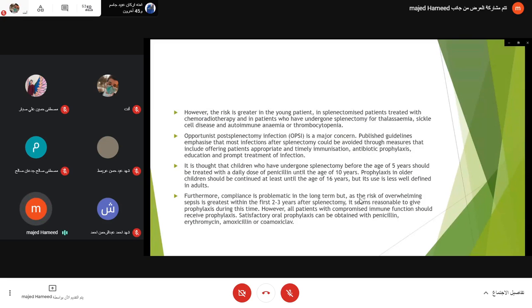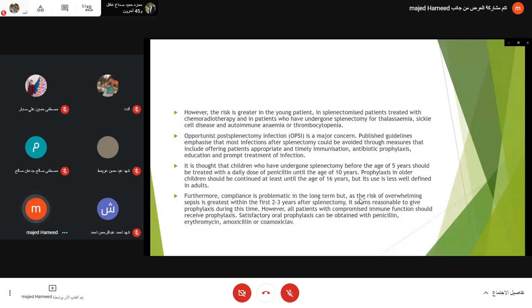It is thought that children who have undergone splenectomy before the age of 5 years should be treated with a daily dose of penicillin until the age of 10 years. Prophylaxis in older children should be continued at least until the age of 16 years, but it is less well defined in adults.